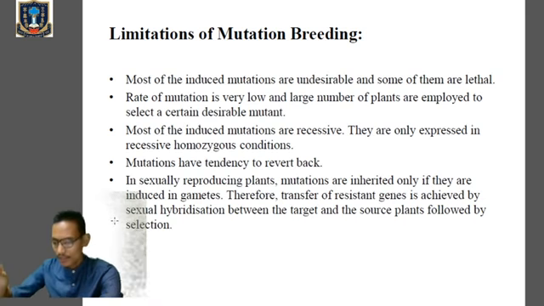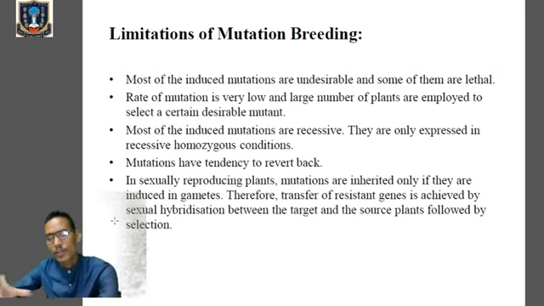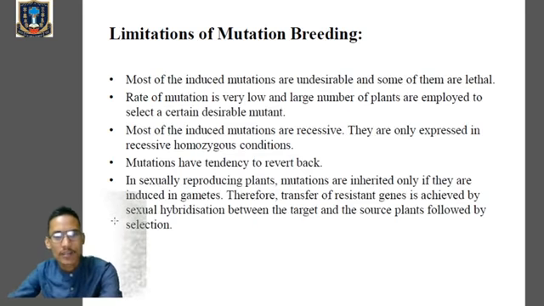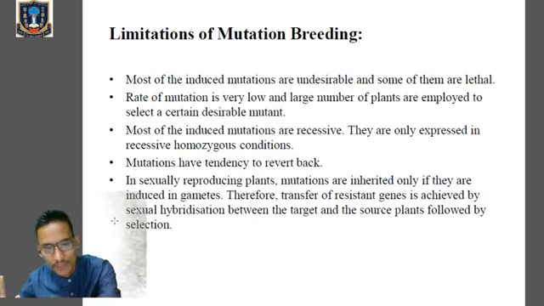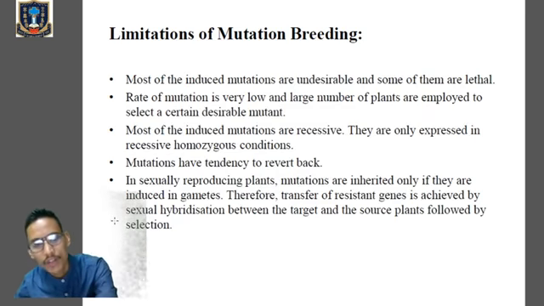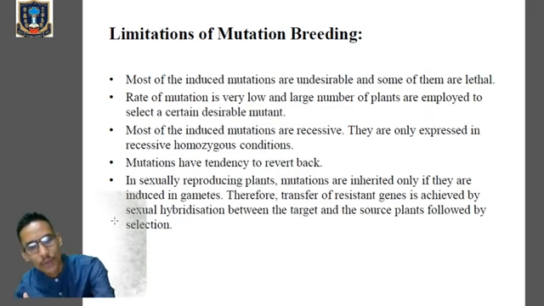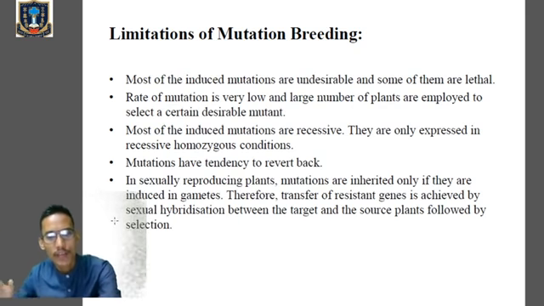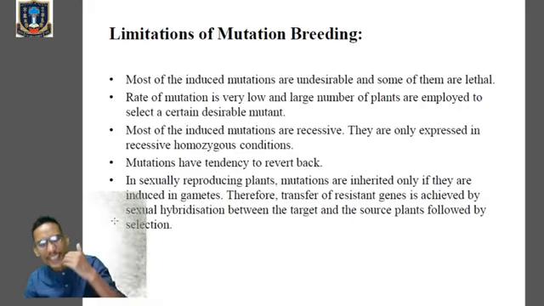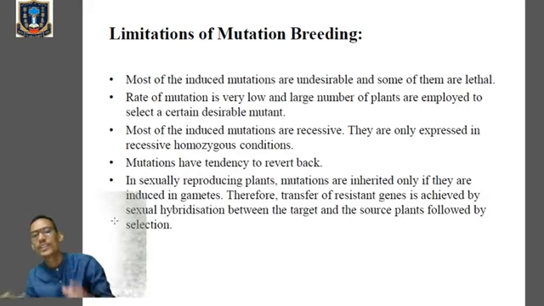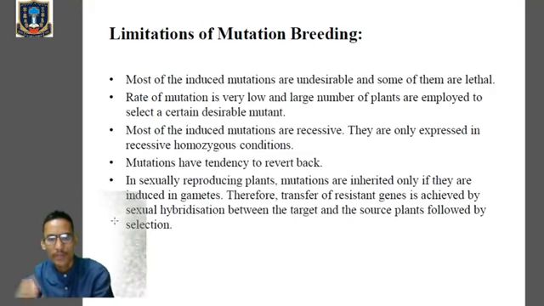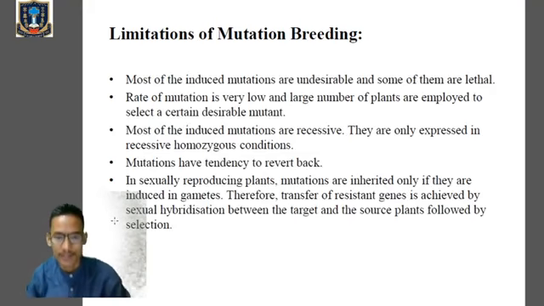Let's say, for example, in the case of human beings, with sex chromosomes XX or XY, those changes can only be induced there. But if the changes occur in the somatic cell, in the body cell, then those mutations cannot be inherited. So for the mutations to be inherited from one generation to another, they should be induced in the gametes.